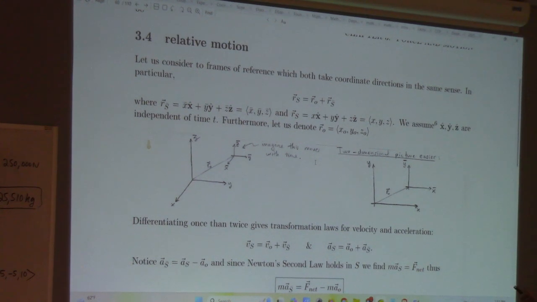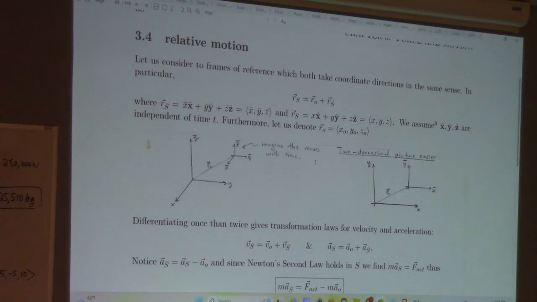I don't need any rotation to get from the coordinate axes for my first observer to my second observer. They share the same direction for x and the same direction for y and the same direction for z. It's just that the origin for one and the other is shifted.